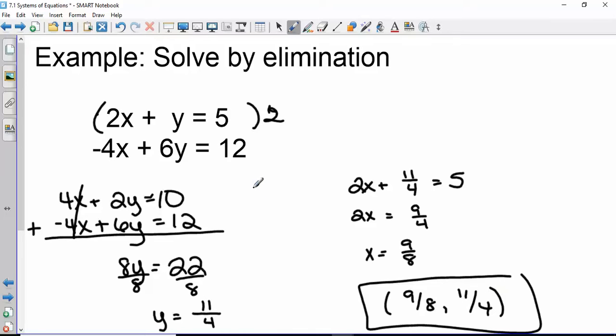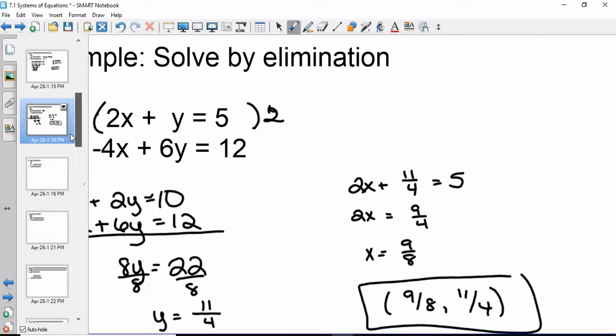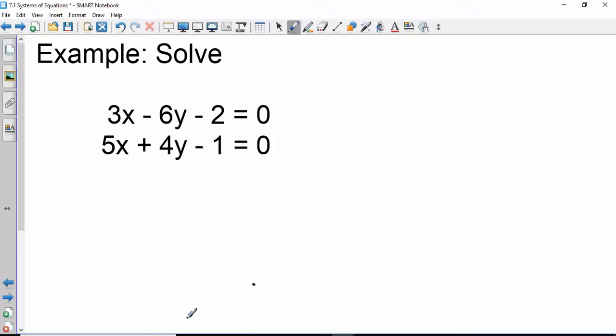Okay. Let's say I gave you this one. It's set up a little bit differently, but we can still work with this.